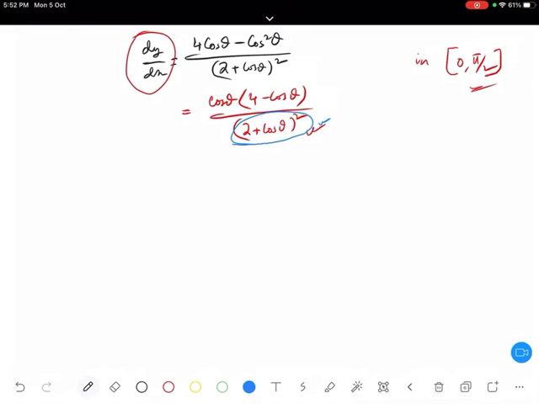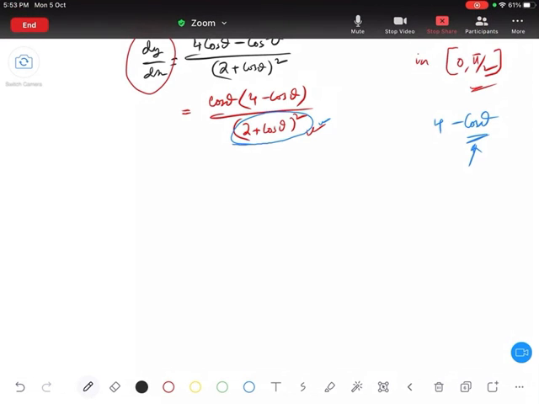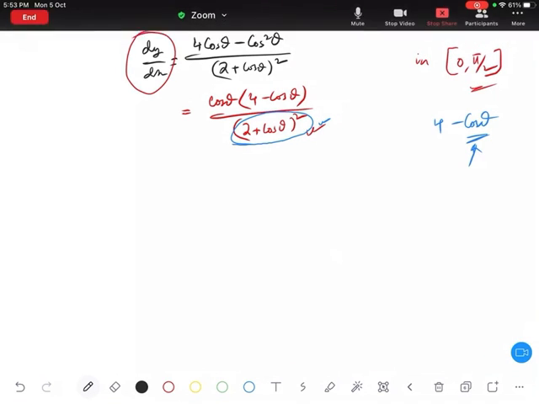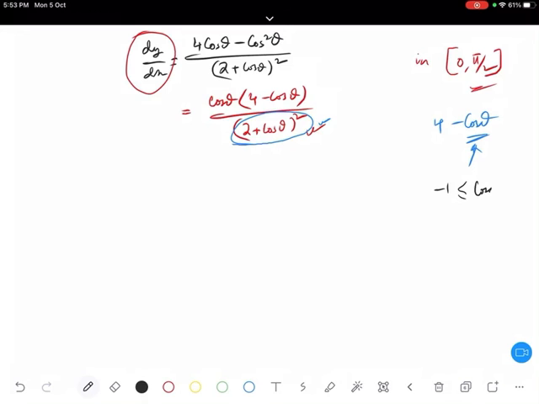Now tell me, 4 minus cos theta, is it positive or negative? In order to know about 4 minus cos theta, what I need to know is about cos theta. First, what is the minimum and maximum value of cos theta? Minus 1 is the minimum value of cos theta and 1 is the maximum value.